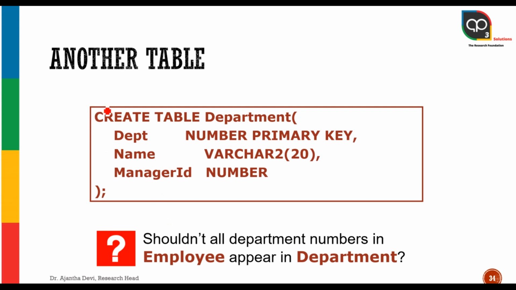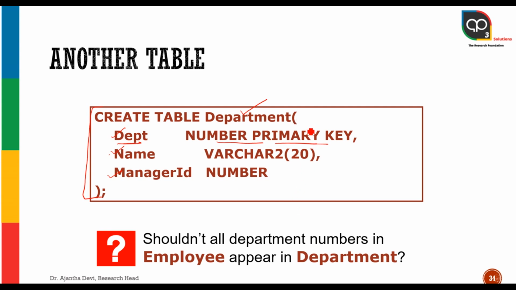And here, kindly observe this table, it defines the table department. Here we have department number, name of the department, and manager ID of this department as its columns. And here this department number is the primary key. And how this has been referenced, kindly observe, dear friends.